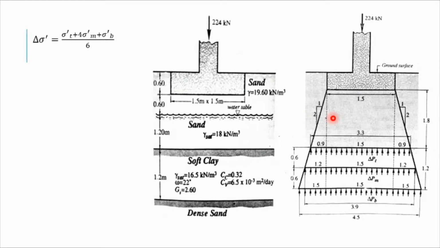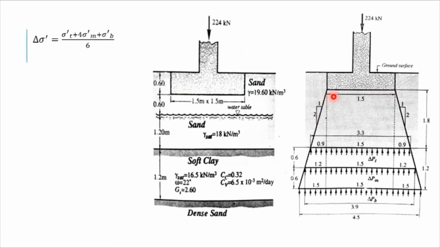So, paano yung 1:2? We have to determine yung area of distribution sa top ng clay layer natin, sa mid-height ng clay layer natin, at yung bottom ng clay layer natin. Ano yung 1:2 method? Diba, ito is 1.5.